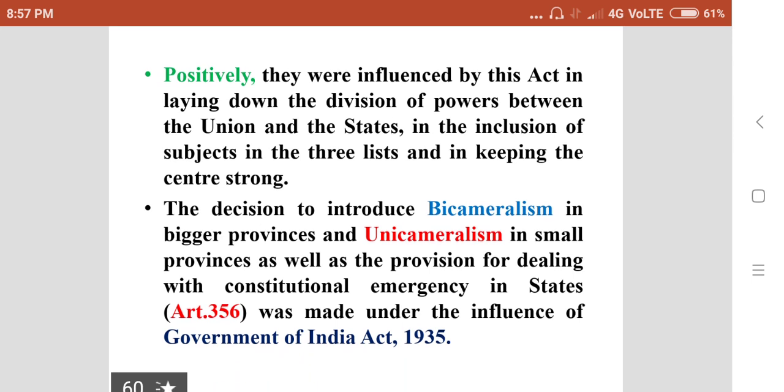Positively, they were influenced by this act in laying down the division of powers between the Union and the states, in the inclusion of subjects in the three lists and in keeping the center strong.